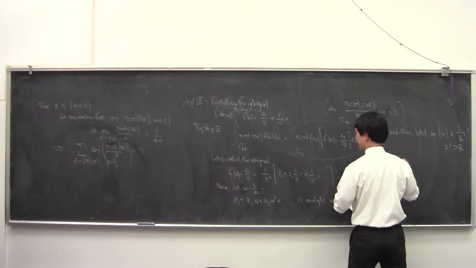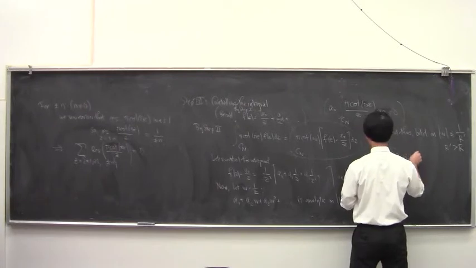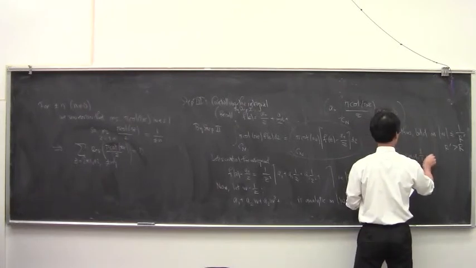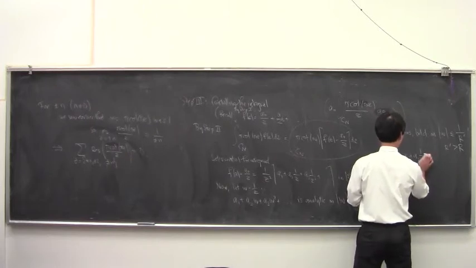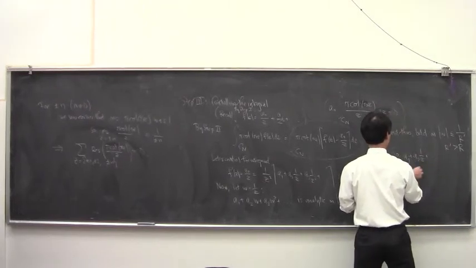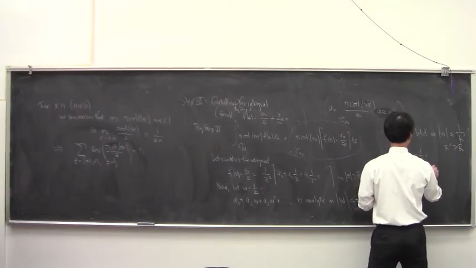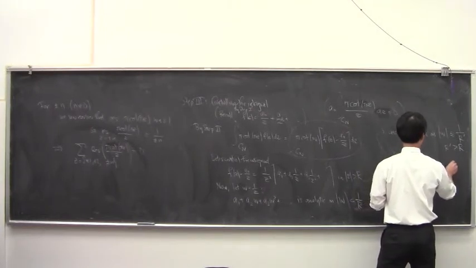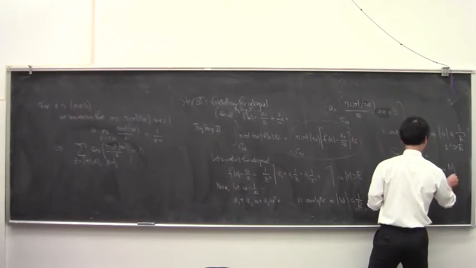Switching back to the original notation, that tells us that a1 plus a2 times 1 over z plus so on is bounded by some m on the modulus of z greater than r prime.